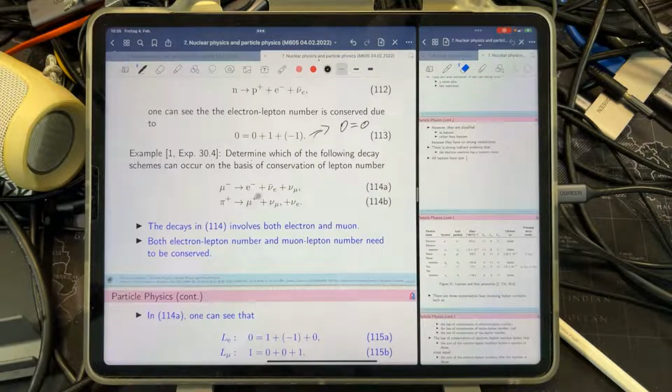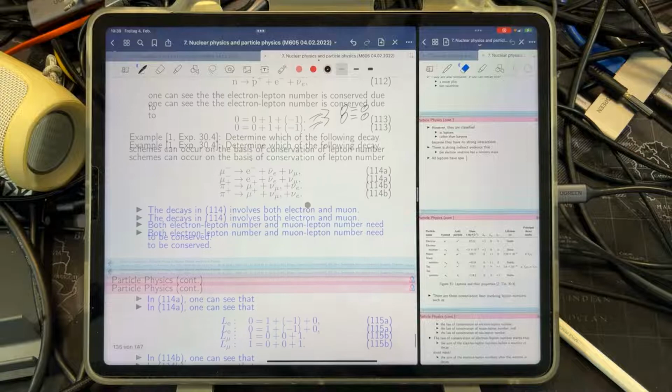Actually, muon plus is the anti-muon, the antiparticle for muon here. Pi plus is decomposed or decays into anti-muon, and what we have will be muon neutrino and electron antineutrino.